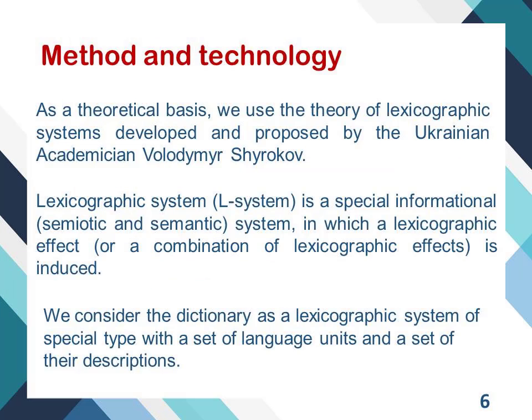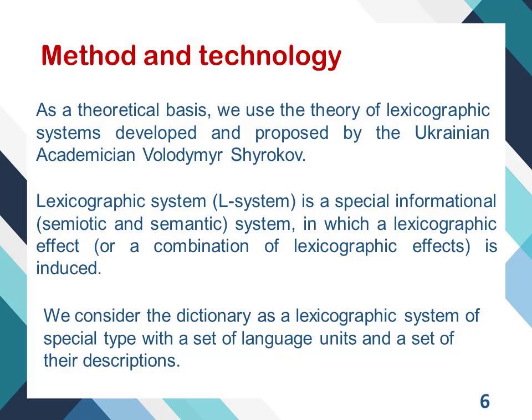Effective solution of this problem requires a general theoretical basis to describe the widest possible range of lexicographic objects. As such, we use the theory of lexicographic systems developed and proposed by the Ukrainian academician Volodymyr Shirokov. We consider a lexicographic system as a special informational, semiotic and semantic system in which a lexicographic effect or combination of lexicographic effects is induced.